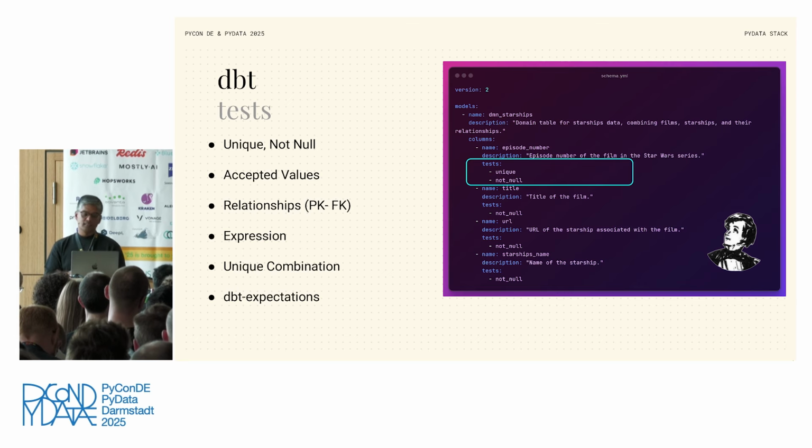And it can test, out of the box, very simple things like whether values are unique, whether there are any nulls in a particular column. It can also do a whole lot of tests that I've listed there. Special shout out to a library called DBT Expectations, which gives you even more tests, including outlier tests and whether your volumes of data are dropping or increasing by a huge amount.